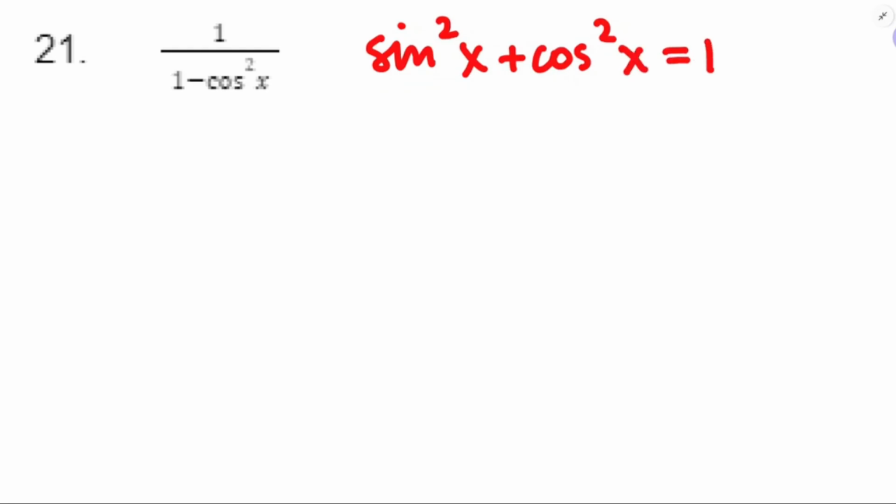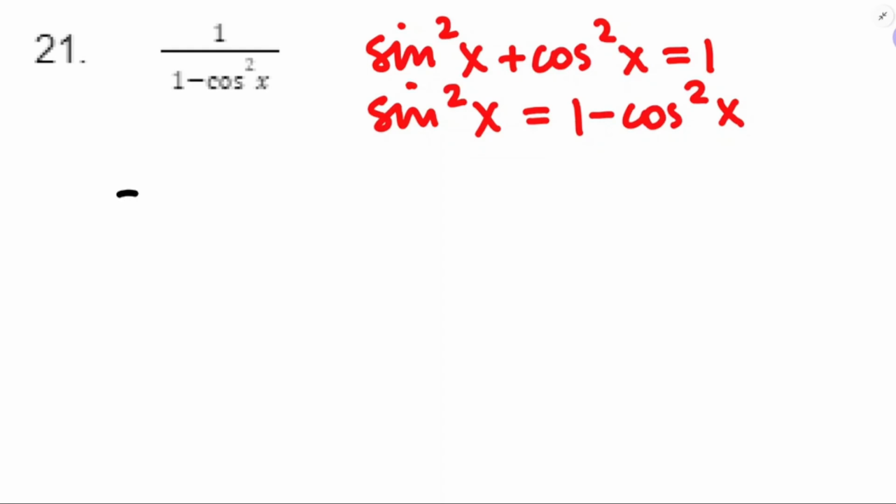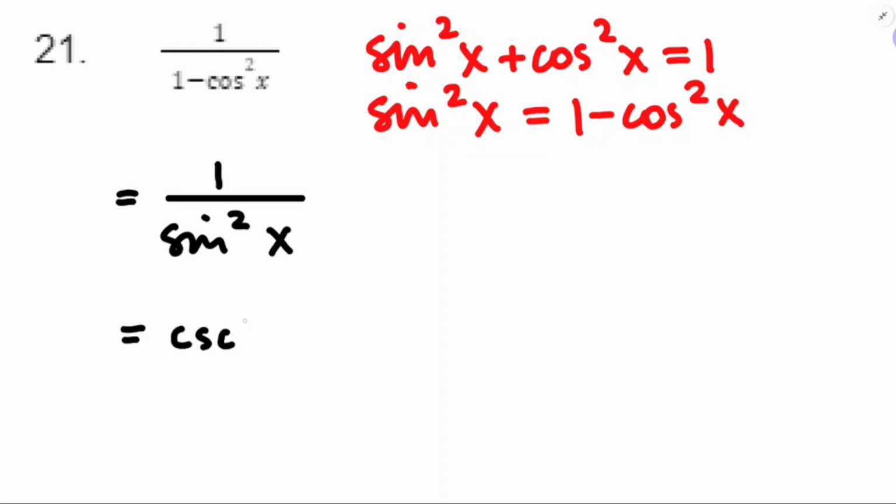And so 1 minus cosine squared x is going to equal sine squared x. And so I'm going to now have this equaling 1 over sine squared x, which is cosecant squared x. And that was a single trigonometric function raised to a power.